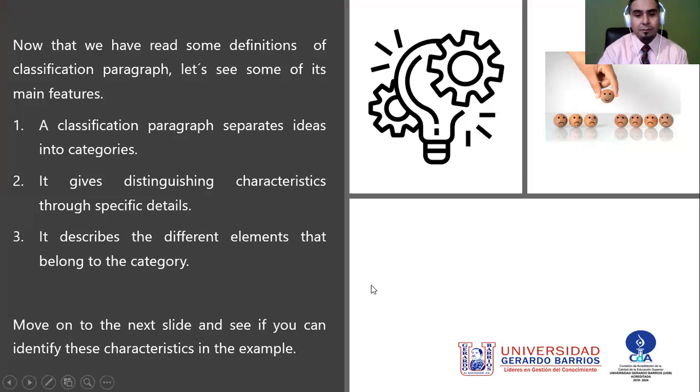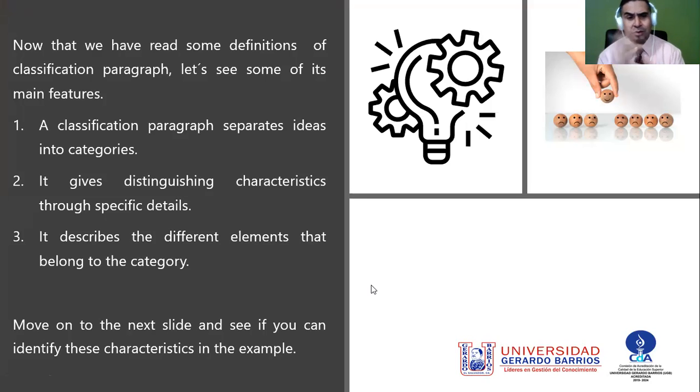Now, the following text says, now that we have read some definitions of classification paragraph, let's see some of its main features. Number 1, a classification paragraph separates ideas into categories.